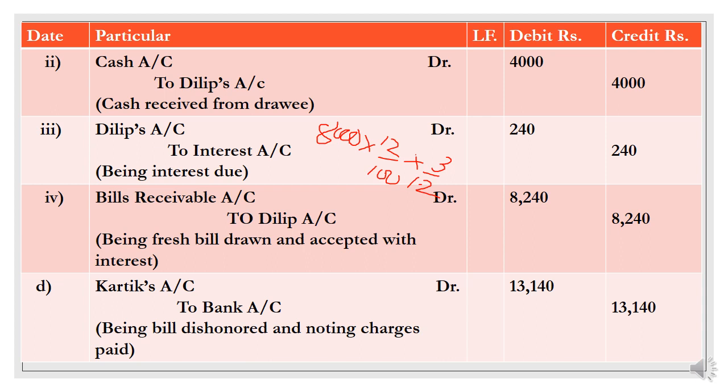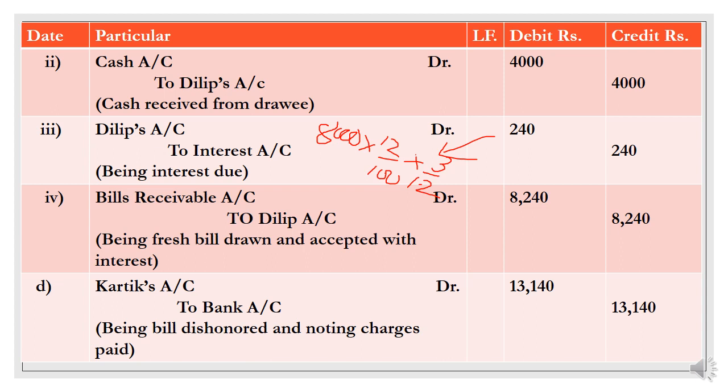So your interest amount will be 240. And for the balance, how much is the balance? You already know, 8,000. And the interest is 240. So a new bill will be drawn with the balance and the interest amount. So bills receivable account debit to Dilip account 8,240, 8,240.